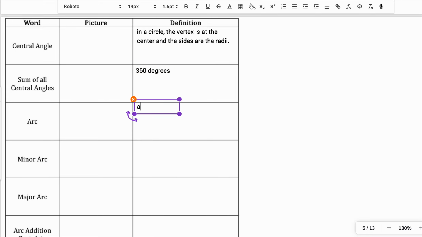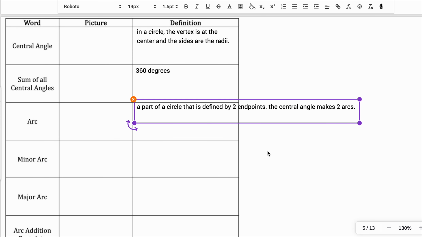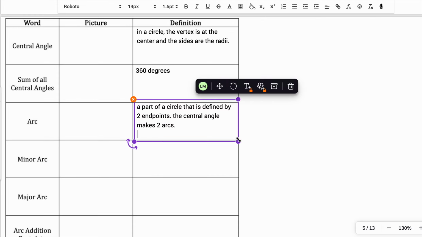An arc is a part of a circle that is defined by two endpoints. The central angle makes two arcs. Next up, we have a minor arc.